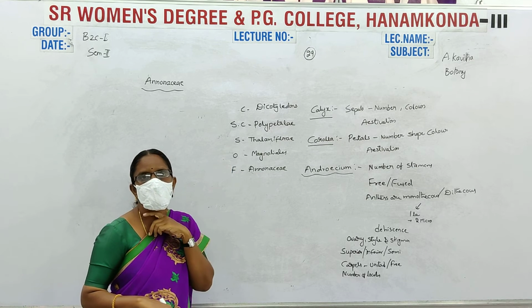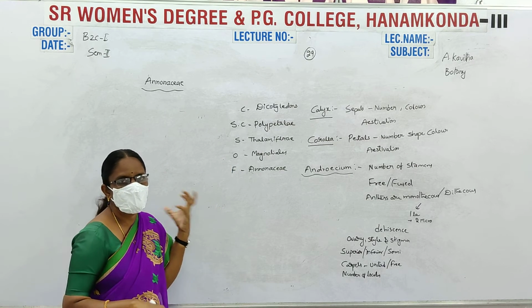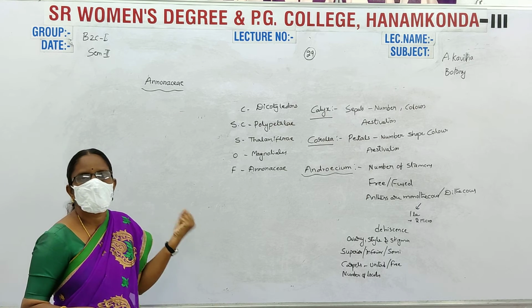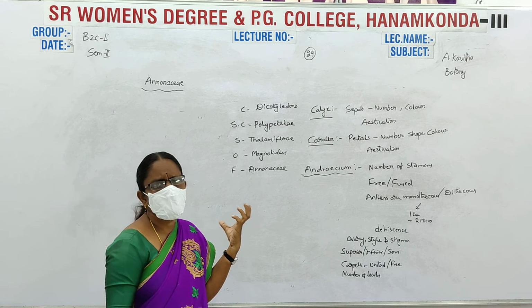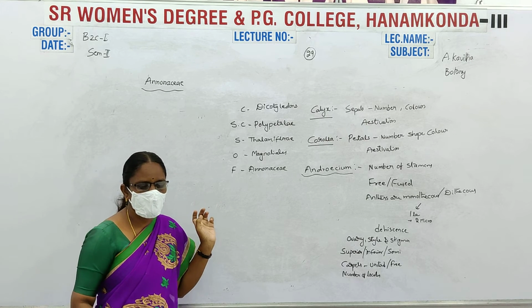This is the mathematical classification. Write the classification at the right side of the book. Next is the distribution of the Annonaceae family.